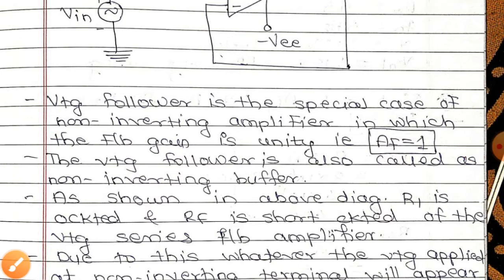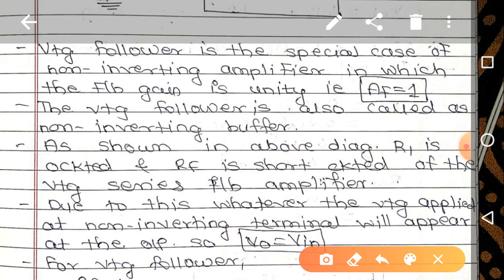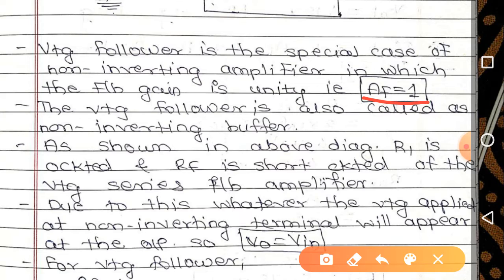Here feedback gain is unity, it is 1. The voltage follower is also called as non-inverting buffer. It is also called as the non-inverting buffer.